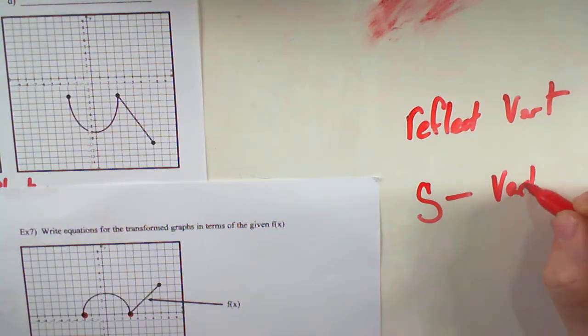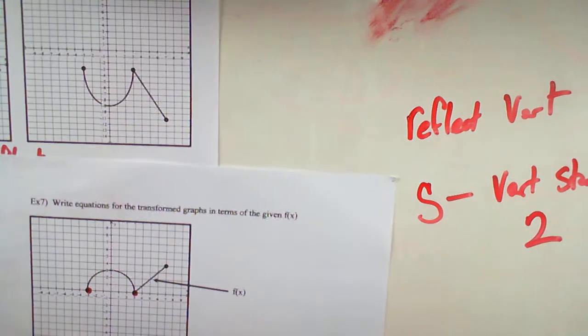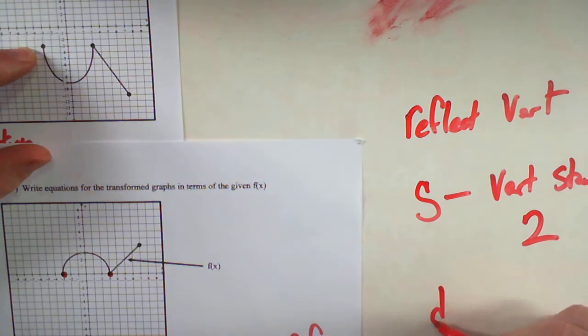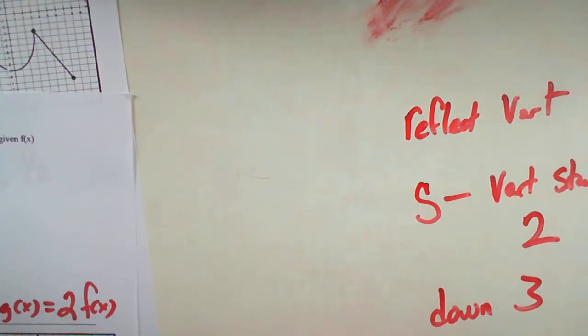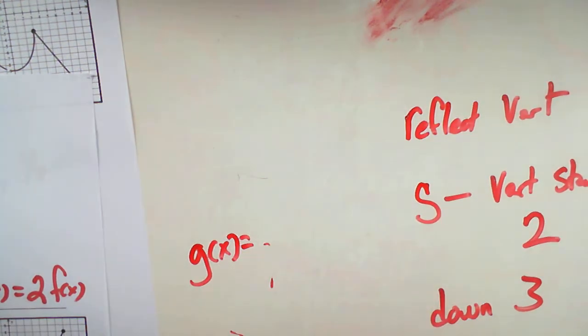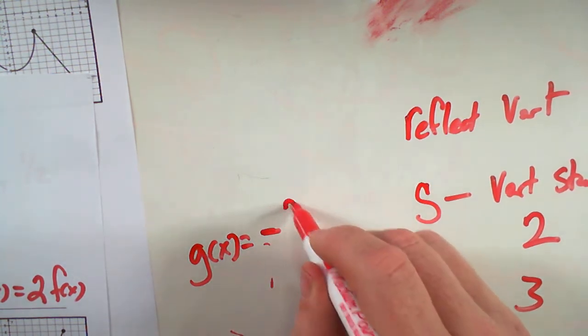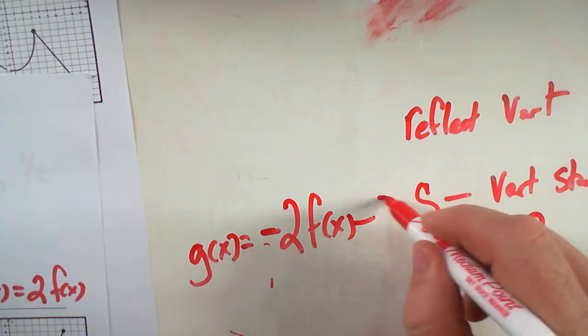So vertical stretch, factor 2. And then we also moved it down 3. So our new function would be g of x equals reflect vertically by a factor of 2, f of x minus 3.